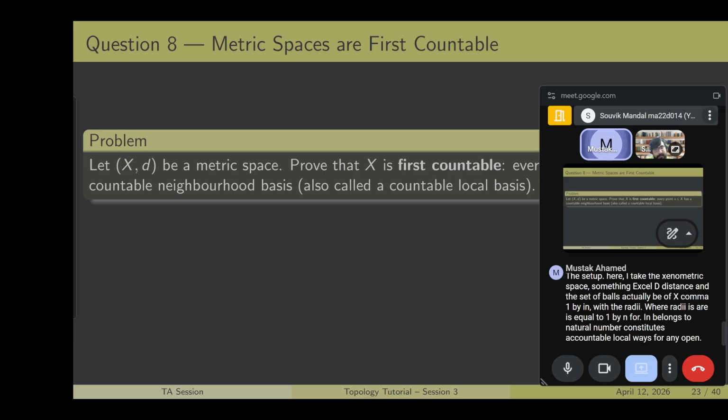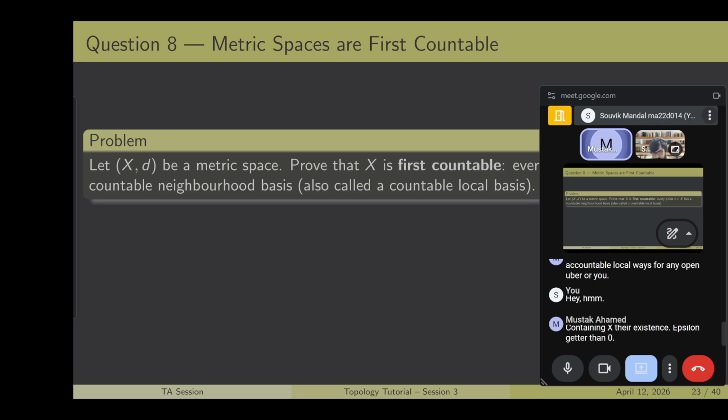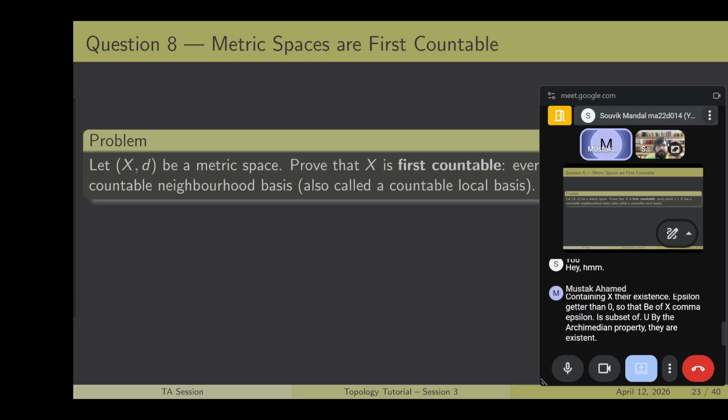For any open neighborhood U containing x, there exists an epsilon greater than 0 such that B(x, epsilon) is a subset of U. By the Archimedean property, there exists an integer n such that 1/n is less than epsilon, meaning B(x, 1/n) is a subset of B(x, epsilon), which is a subset of U.